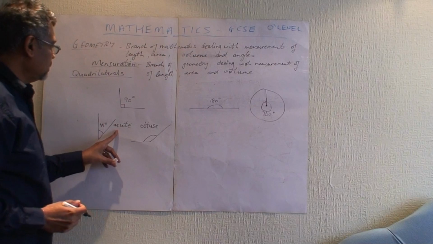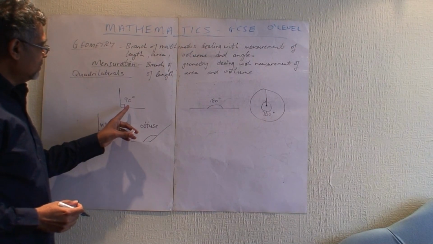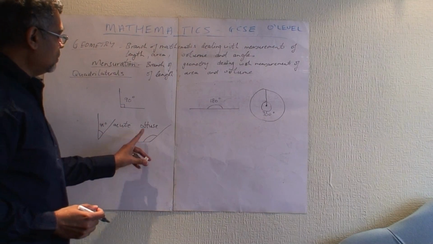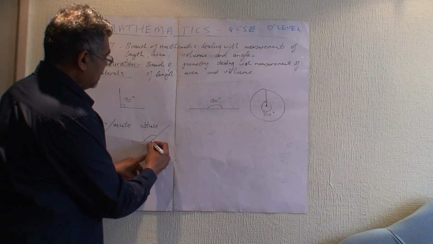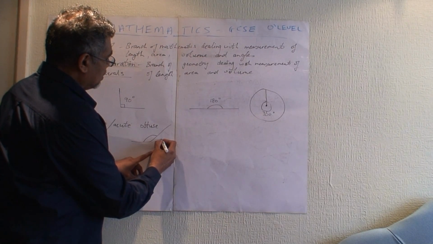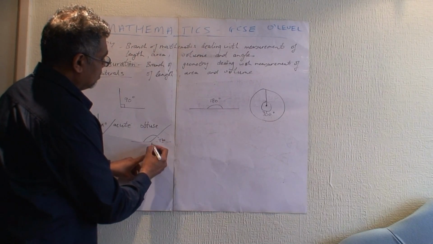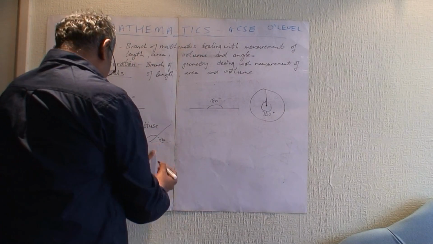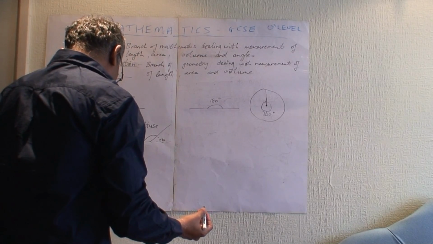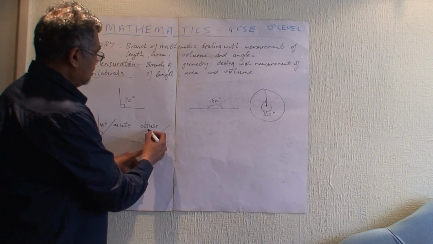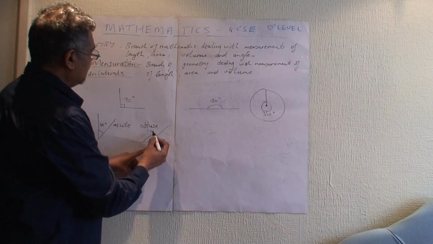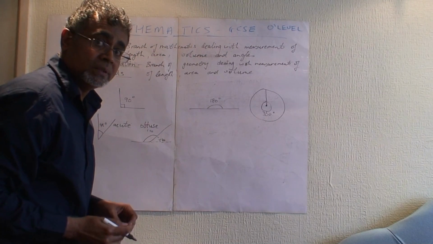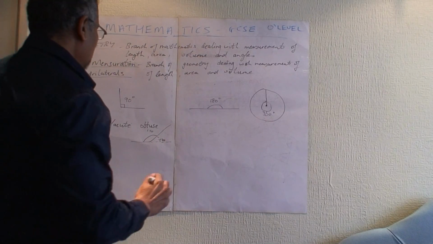Similar to the acute, which is less than 90, this one is less than 180. 180 would be here if that had been a flat line, like here. But it's coming across like this. It could be 120, but it has to be between 90 and 180 for it to be called an obtuse angle.